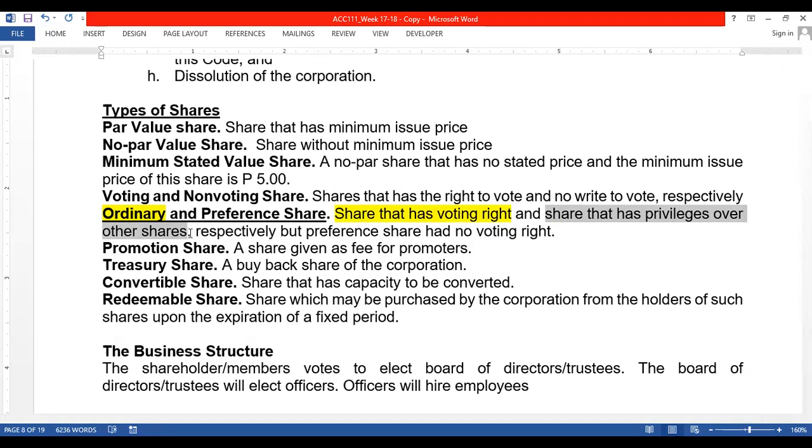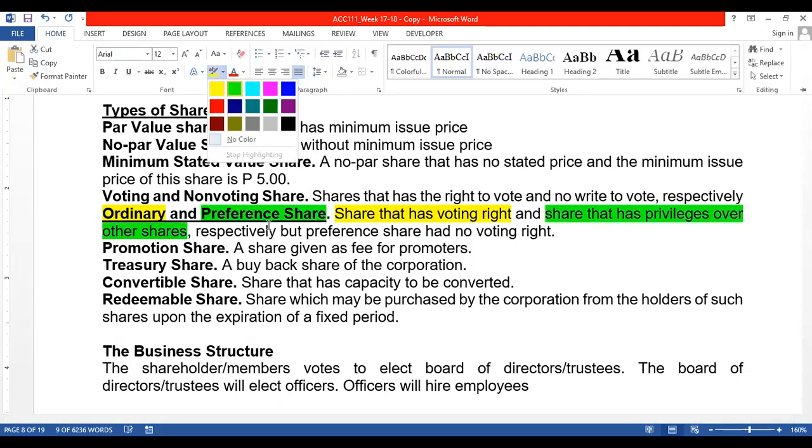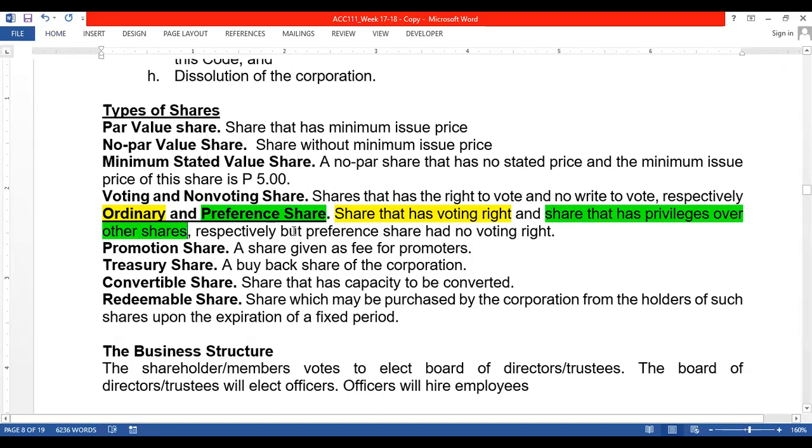Ang tawag sa kanila naman is yung preference shareholders or preference share. But preference share has no right to vote kasi nga only ordinary share ang merong voting right.